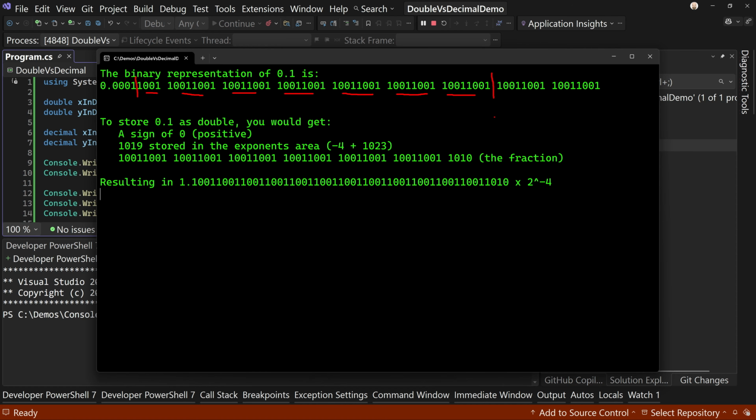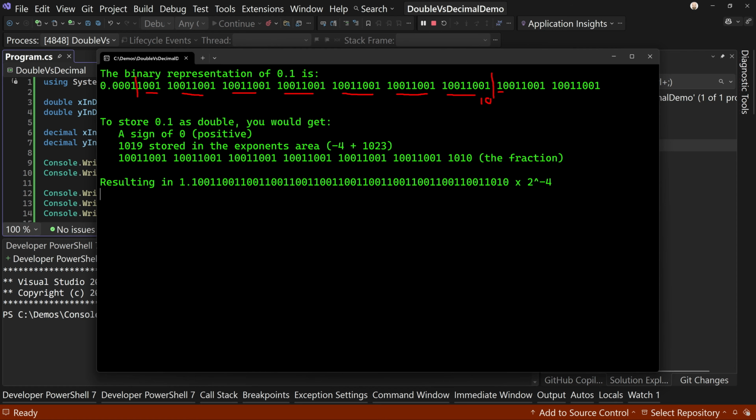So what do you do when you have a repeating number? You look at the position right after you're done, and say, okay, we have a 1 here. Remember, it's ones and zeros, that's all there is. So do we need to round? Well, yes, we do, because this is a 1. So we add 1 to this spot right here, which gives us 0, carry the 1, and 1.